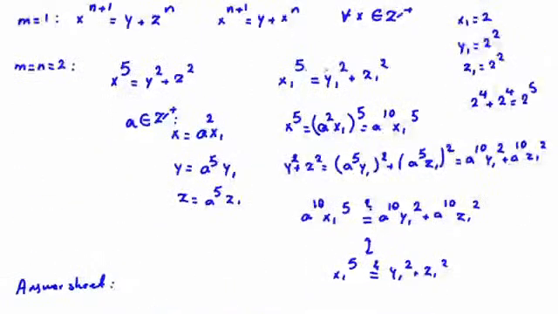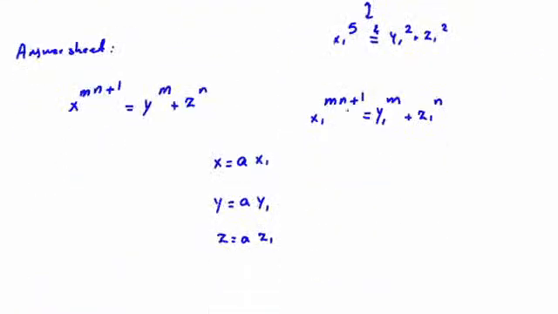Look here, we had 5 and 2. We considered the LCM to reach that. So I say the LCM of mn plus 1, m and n, or the product of them. Let me write the powers better: for x, mn; for y, n times mn plus 1; and for z, m times mn plus 1.